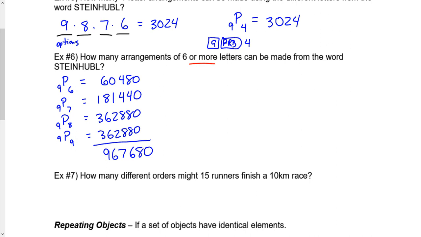Now, I just want to explain this part. Let's go back and understand that definition of what a permutation is: n factorial over n subtracting r factorial. So what this is saying is that for 9P8, it's 9 factorial over 9 subtracting 8 factorial. That has to be the exact same thing as 9 factorial over 9 subtracting 9 factorial.